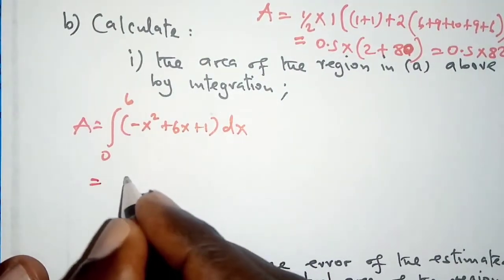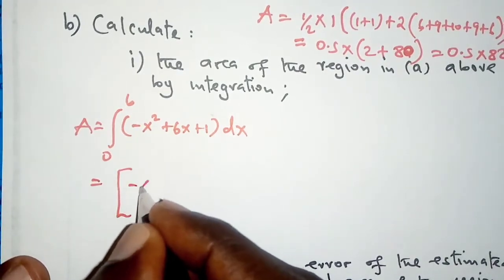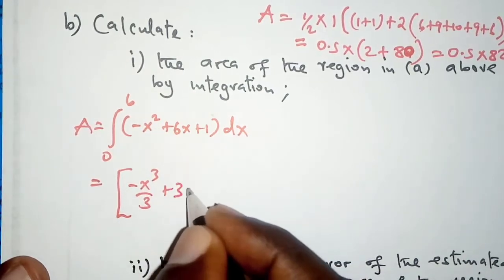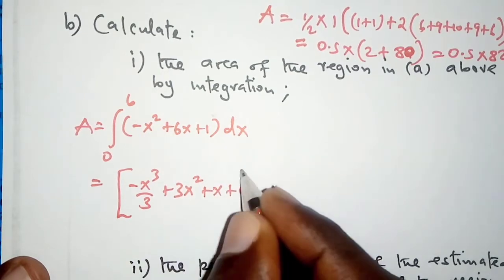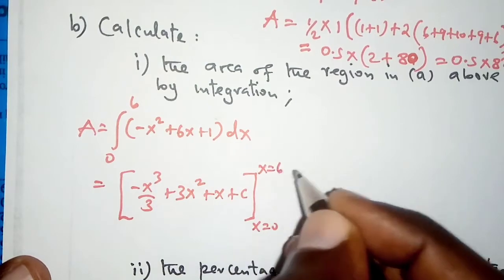So when you integrate, we have negative x cubed over 3 plus 3x squared plus x plus c, for the values of x is 0 up to x is 6.